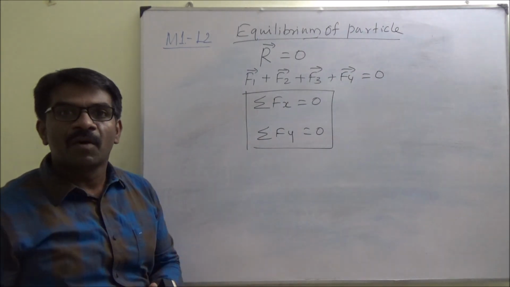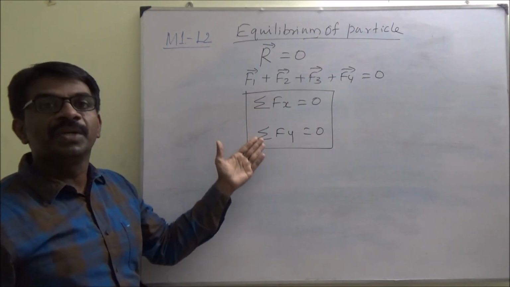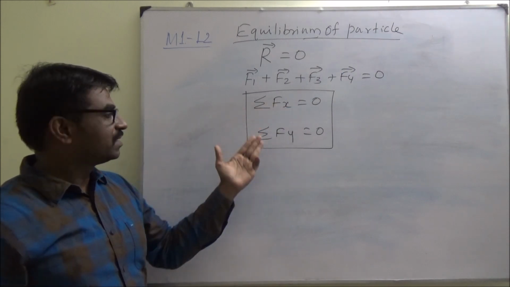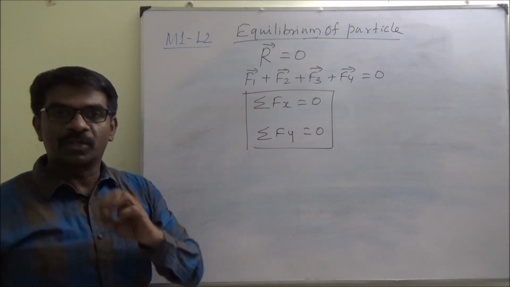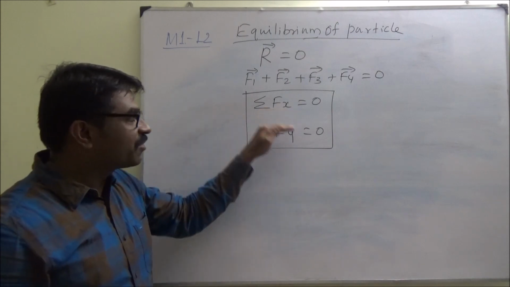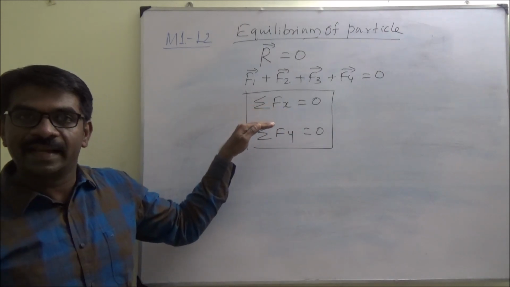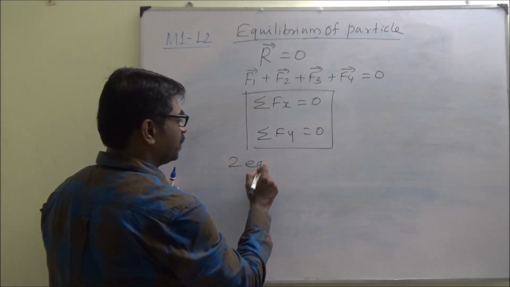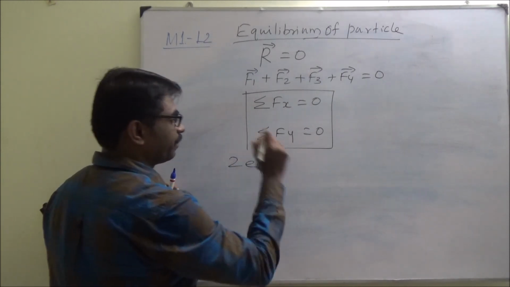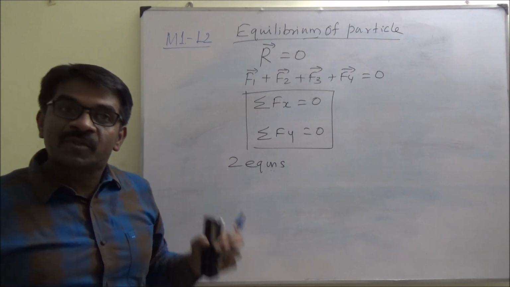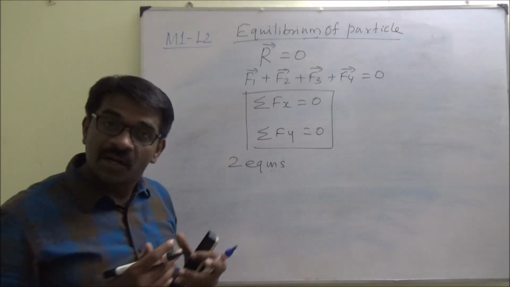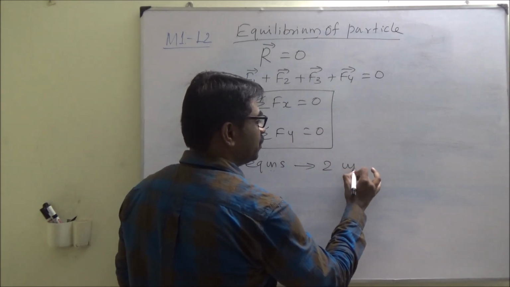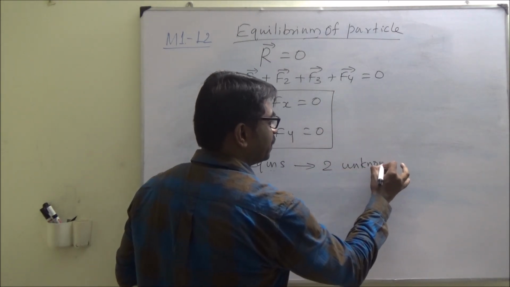So equilibrium of particle will have 2 equations, summation of Fx equal to 0, summation of Fy equal to 0. When you are equating this, we actually get 2 equations. When you have 2 equations, how many unknowns you can find out? You can find out 2 unknowns.